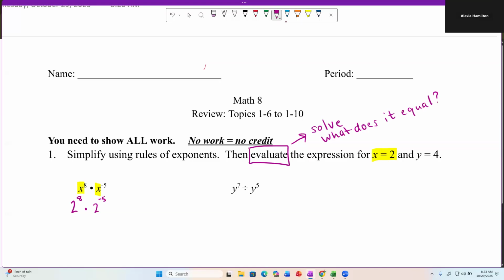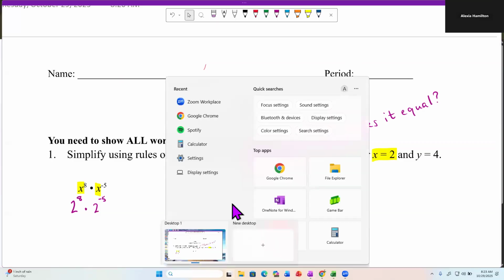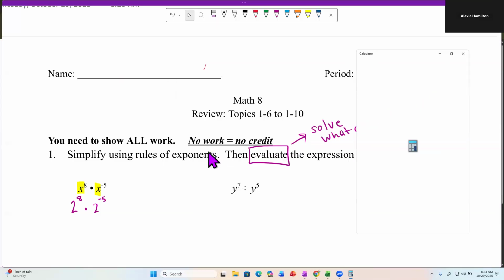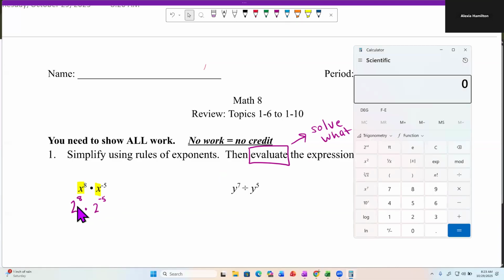So I'm going to get my trusty calculator friend out to help me out here. I'm going to type in what 2 to the 8 is. Notice that on my calculator screen here, that's what it should look like on yours, even though I pressed a different button because I have a different calculator. So 2 to the 8 is 256.